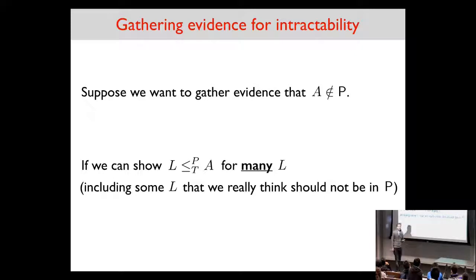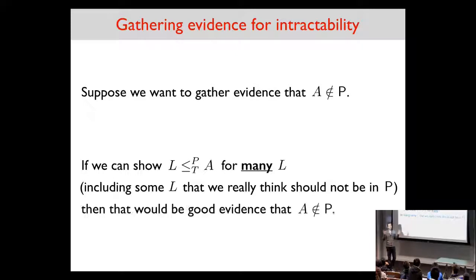Well, if I can do that, and as I said, we're thinking of many problems L. We're not just thinking of 10 or 20 problems. We're thinking of a big class of problems L. If we can do that, then that's pretty good evidence that A is not going to be in P, especially if you really think that some of these L should not be in P. Here, the more L you have, the better, of course.